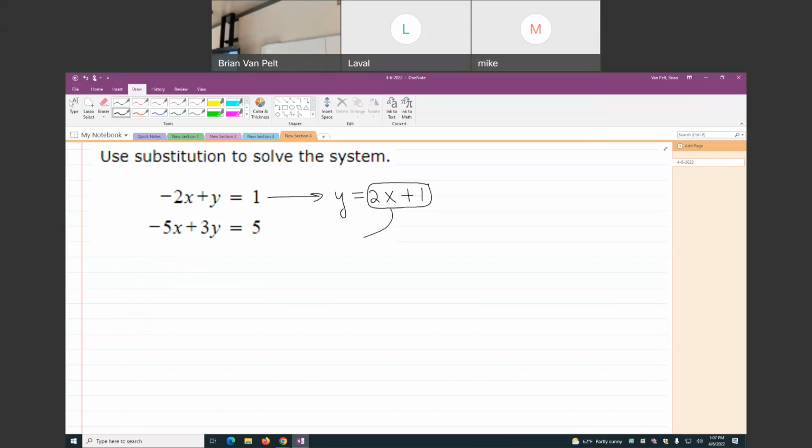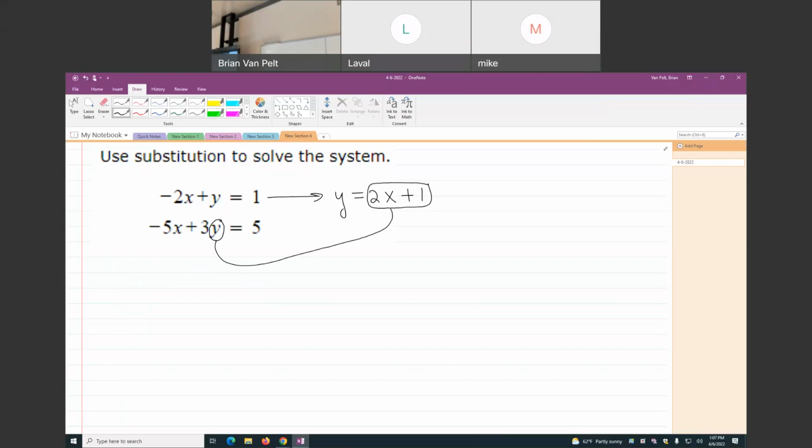We're going to plug it into here. Well, you got to add it. 2x. I need to get y by itself.